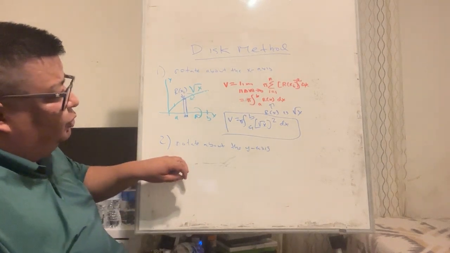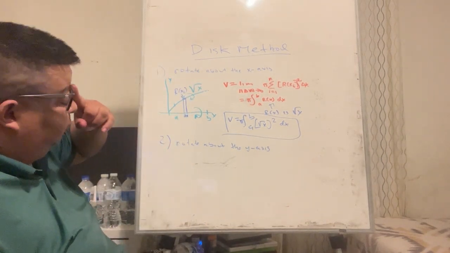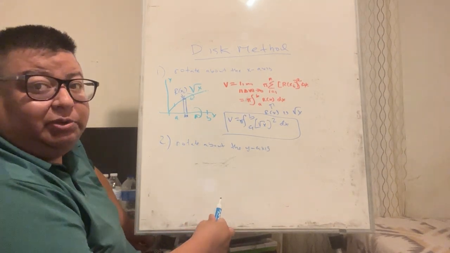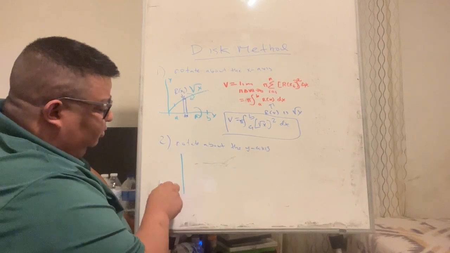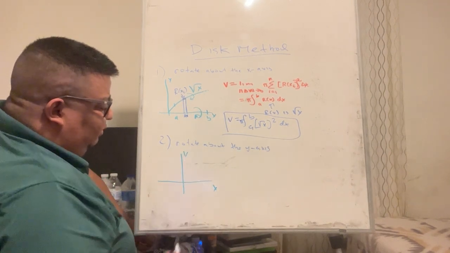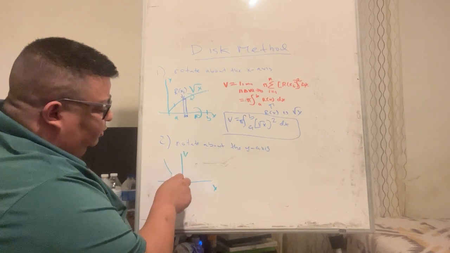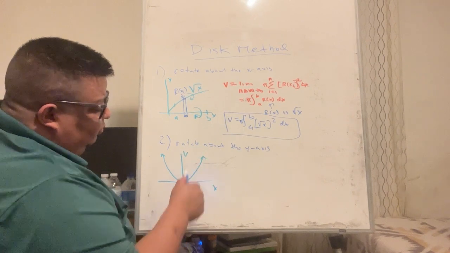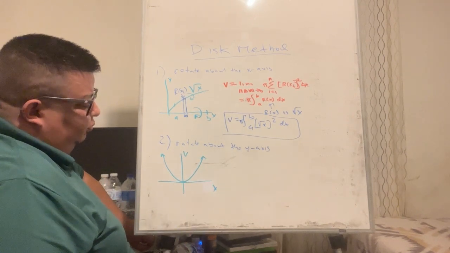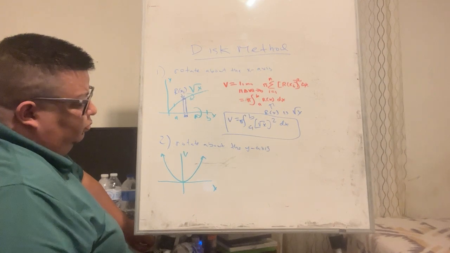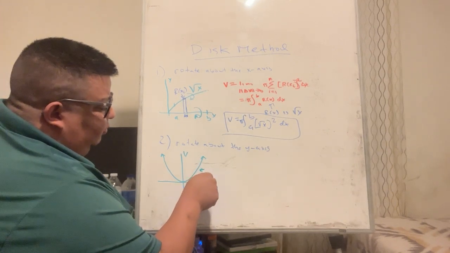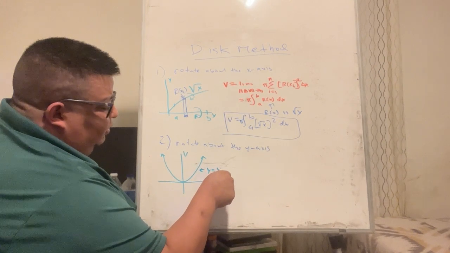Now let's look at how we would use this method for something that we rotate about the y-axis. So let's say you have your x and this is your y, and then you have your function y equals x squared.